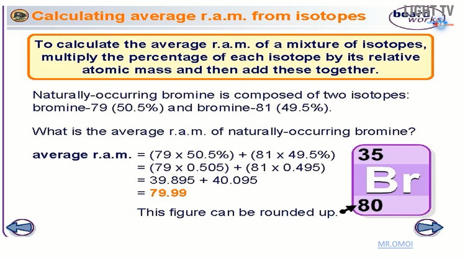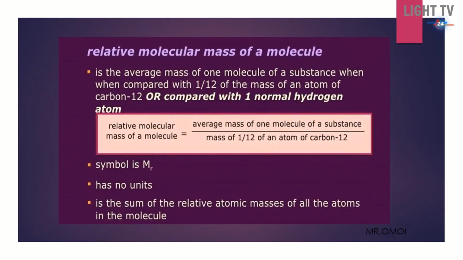Relative atomic mass, abbreviated as RAM, is the mass of any atom compared with an atom of carbon 12. It is the average mass of any atom of an element compared with an atom of carbon 12.